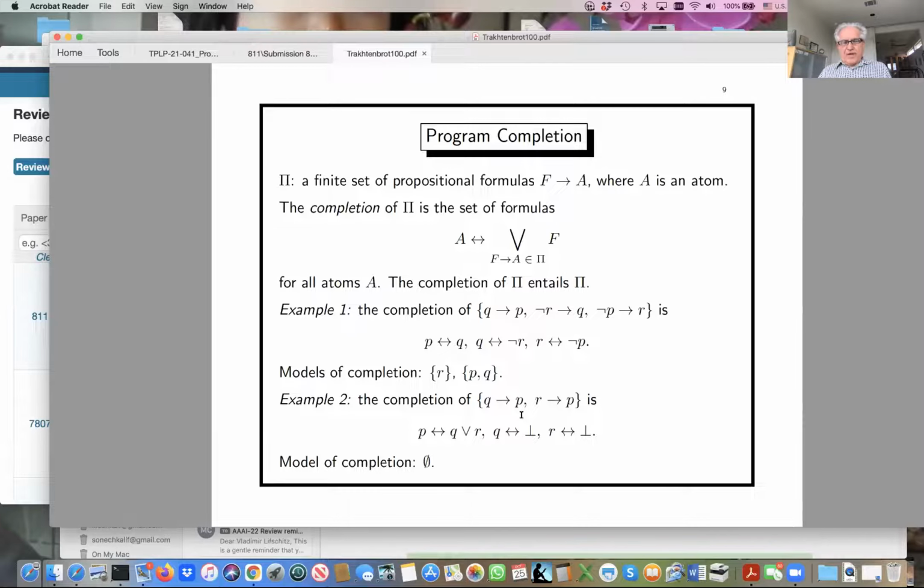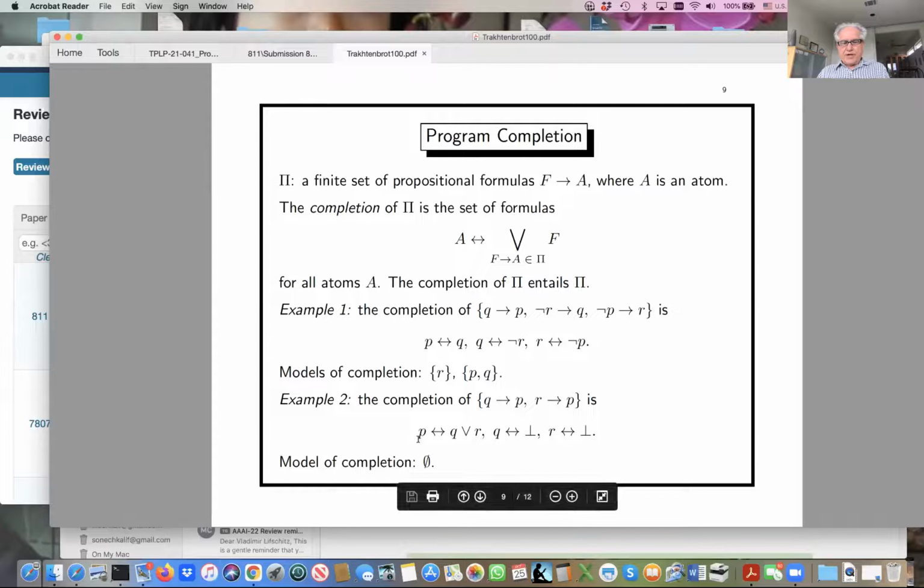And the second example, you have here two actually definite clauses. Forming the completion here is a little more involved, because here P is the consequent of two implications.